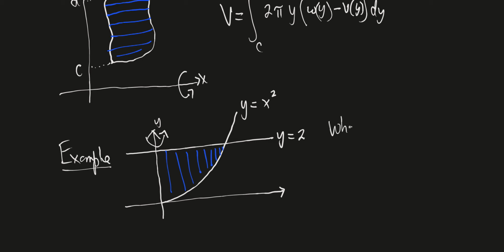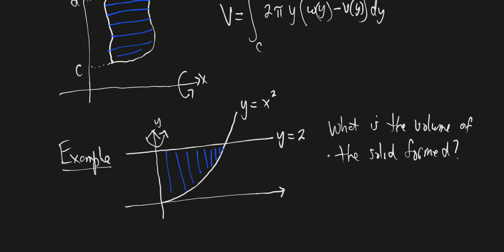And the question is, what is the volume of the solid that's formed? Well, if we look at it, this one's a constant, but we can see it's in the form y equals.